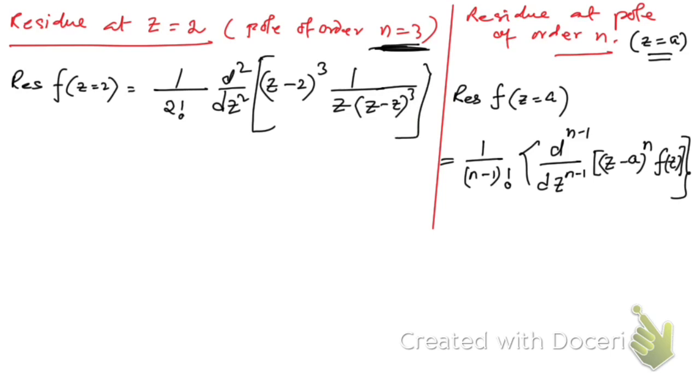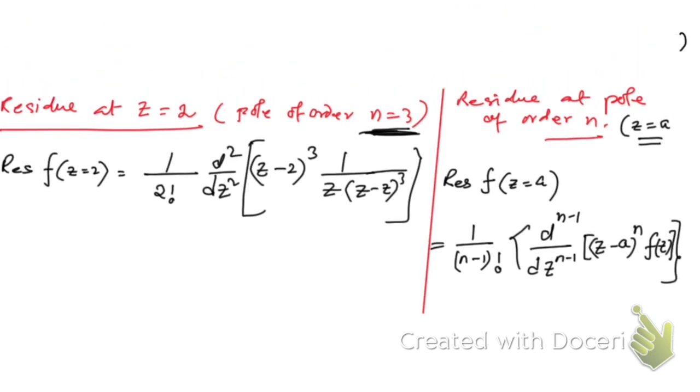Hope you have understood this, because the given function is f of z equal to 1 by z into (z minus 2) whole cube. This one is the given function.